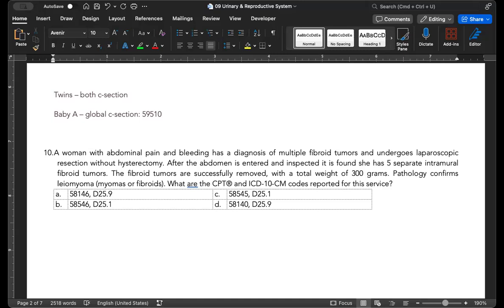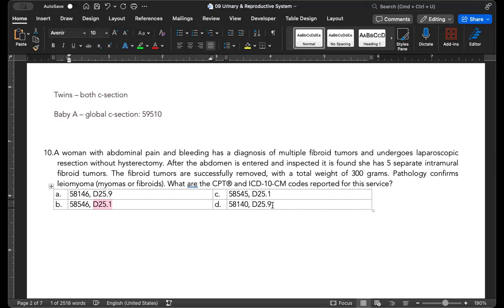From a testing perspective, we can do process of elimination in both ways. Oh no, we can't. Sorry, I was reading this as 58146 instead of 585. So I would take D25.1 or D25.9 and figure out which one we should use so that we can rule out 2.